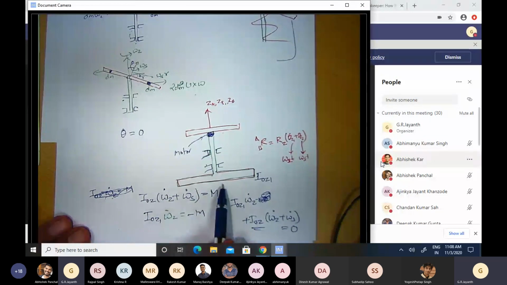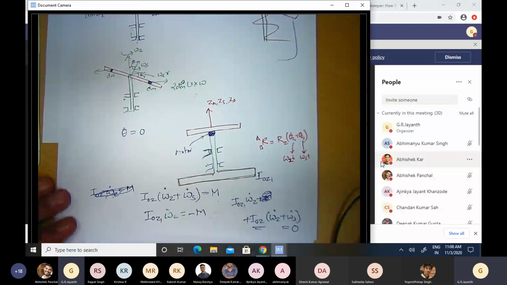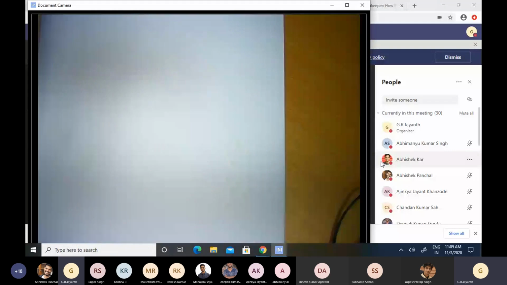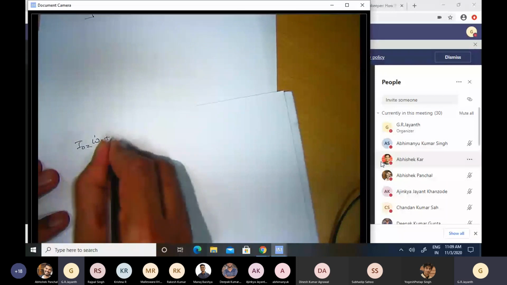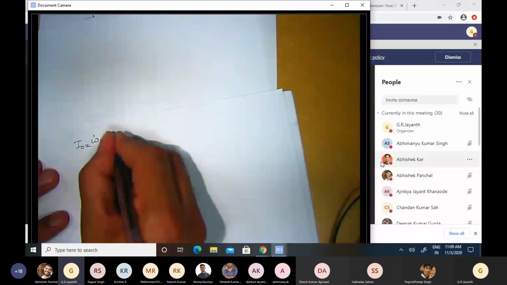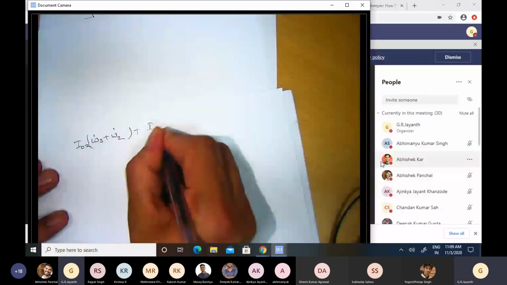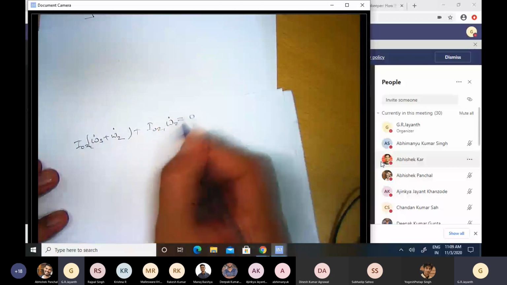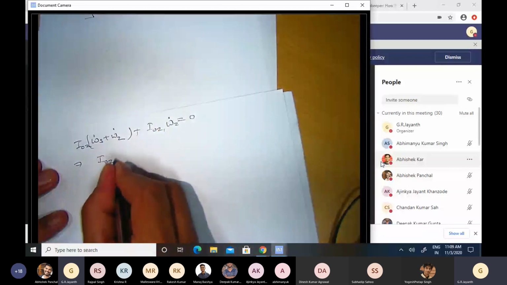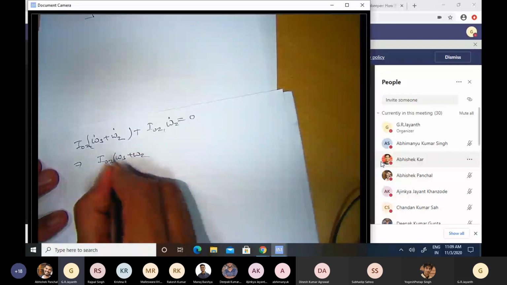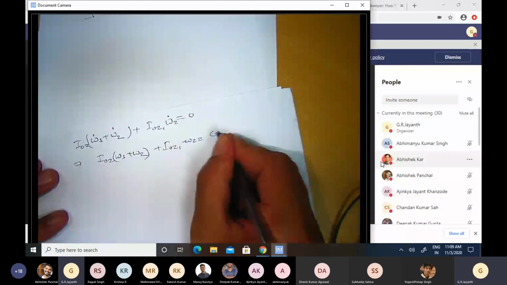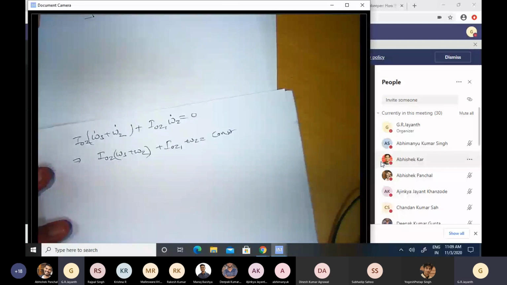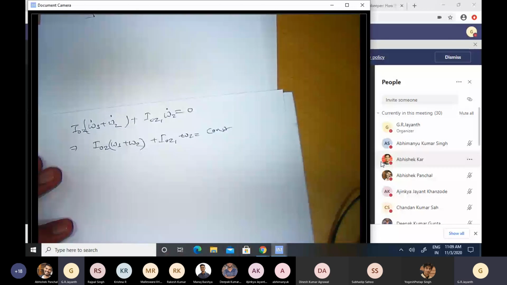Now what is the use of this? Let me continue further. I0 z times omega s dot plus omega z dot plus I0 z1 omega z dot equal to 0 implies I0 z times omega s plus omega z plus I0 z1 omega z is a constant. So that angular momentum is a constant. I'll rearrange the terms.